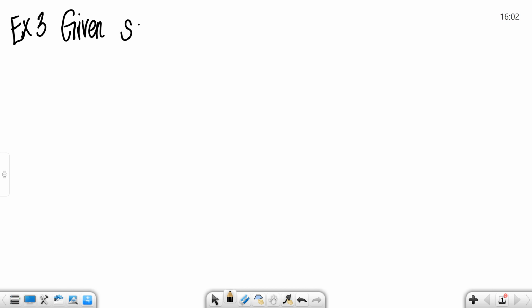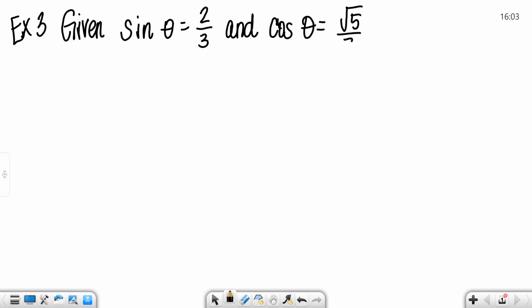Okay, so given that our sine of theta is 2/3 and cosine of theta is the square root of 5 over 3, what I want us to do is find the value of the 4 remaining trig functions.